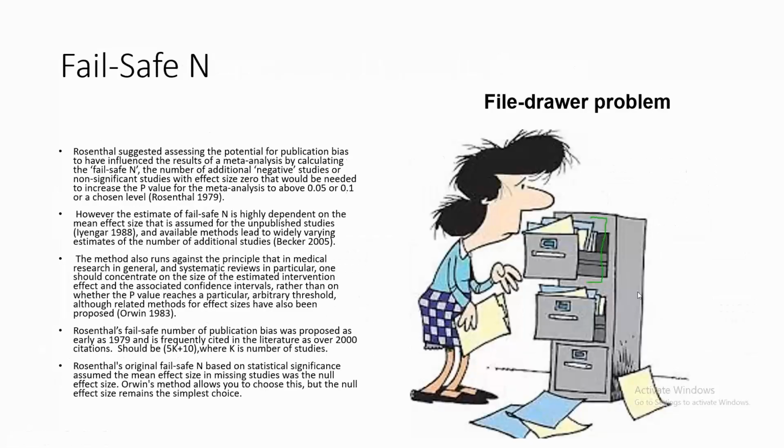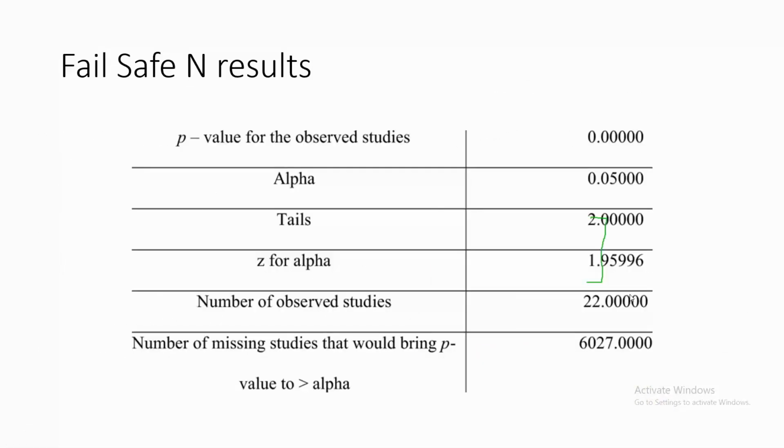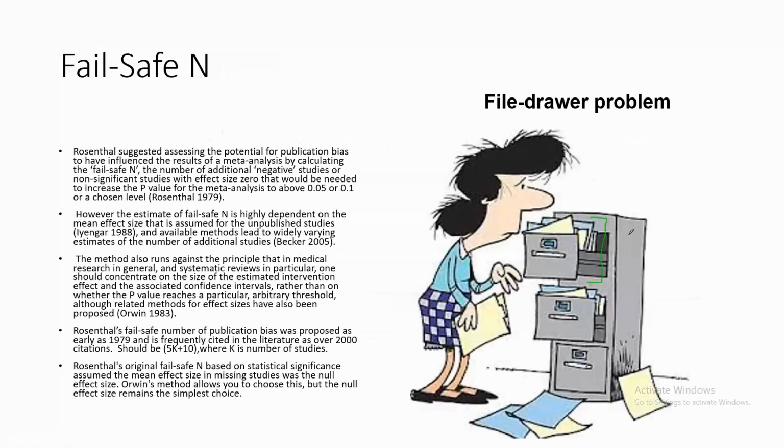So he says that the researcher will lock up all the insignificant studies in a drawer and, in a biased method, pick up only studies which are significant.